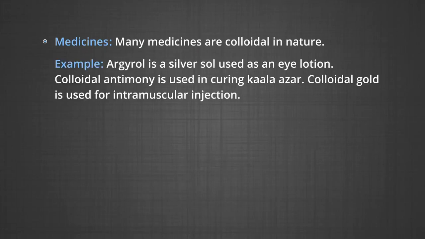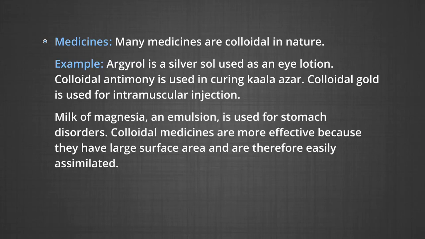For example, argyrol is a silver sol used as an eye lotion. Colloidal antimony is used in curing the disease called Kala Azar. Colloidal gold is used for intramuscular injection. Milk of magnesia, an emulsion, is used for stomach disorders. Colloidal medicines are more effective because they have large surface area and are therefore easily assimilated.